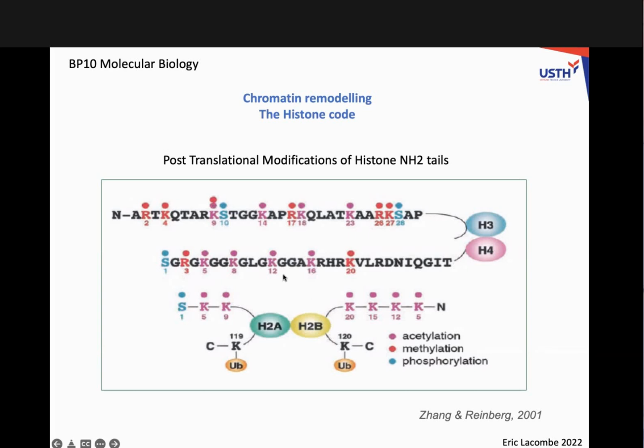For example, let's take amino acid number 10. In H3, it's always a serine residue. Serine is an amino acid with an OH, and this can be phosphorylated. What kind of enzyme do you know that is able to transfer a phosphate group to another molecule? What is the name of this kind of enzyme?